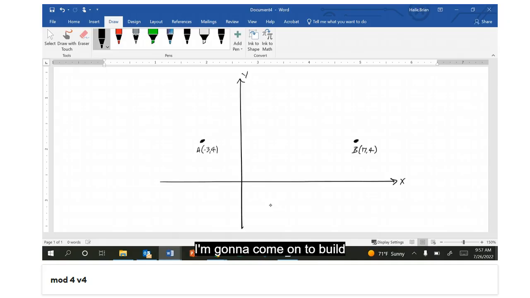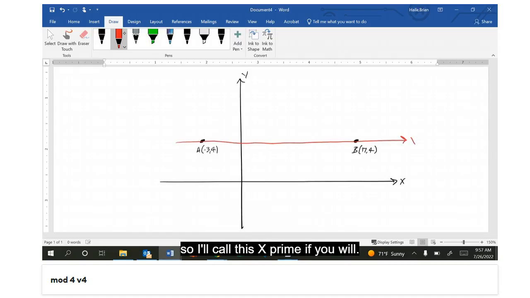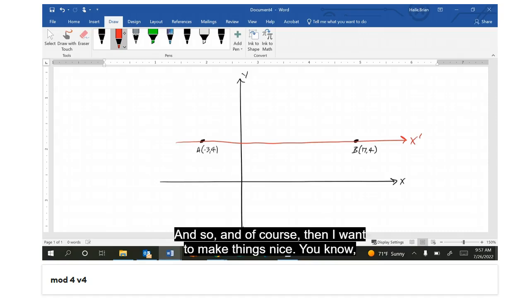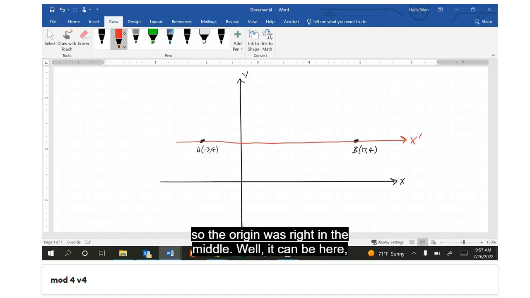I'm going to place the axes on here like so. I'll call this X prime. And of course I want to make things nice. Before, the two foci were at minus 10 and 10, so the origin was right in the middle.